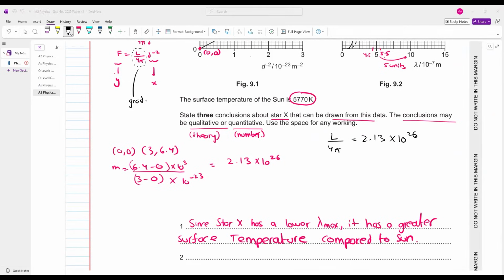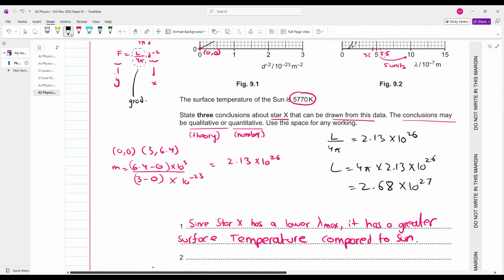Okay. Can you calculate the value of L? L is equal to 4 pi into 2.13 times 10 raised to the power of 26. Can you calculate this answer? Yes or no? This answer comes out to be 2.68 times 10 raised to the power of 27, which is your luminosity. Anyone in the chat who remembers the units of luminosity, votes.